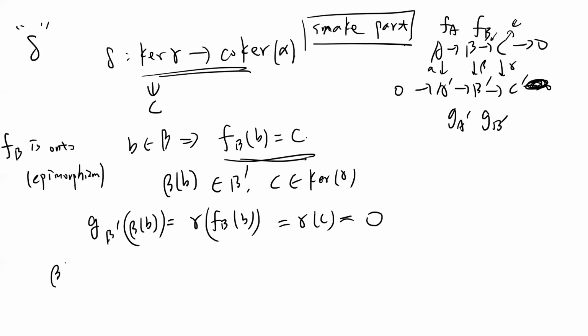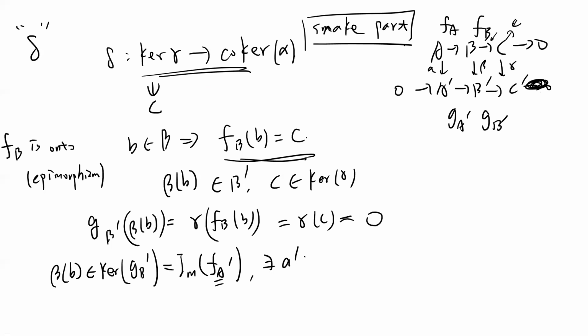So that your beta B belongs to the kernel of G B prime, which is image of F A prime, right? So that means you can find something in A prime. Okay, so there is A prime in A prime. Okay, so I can define this A prime.